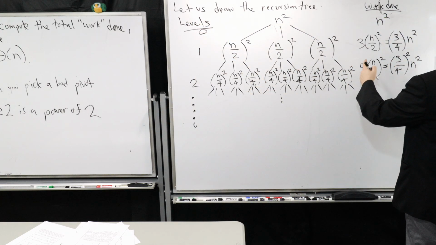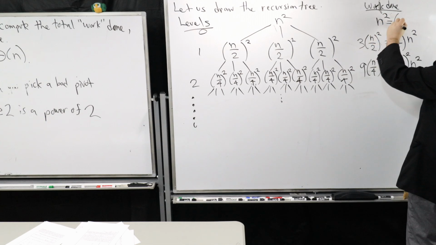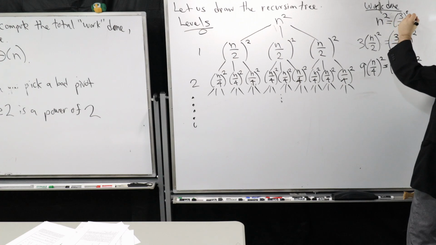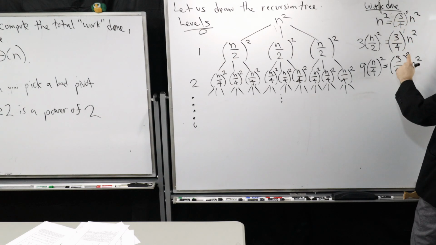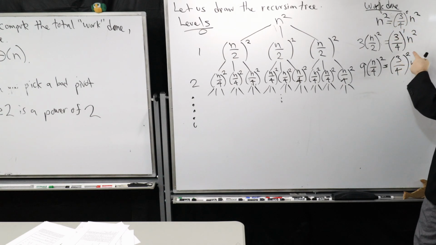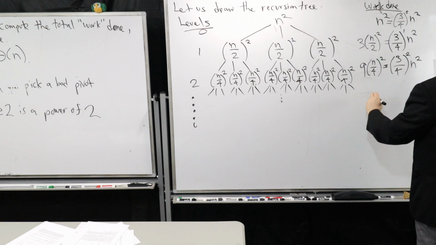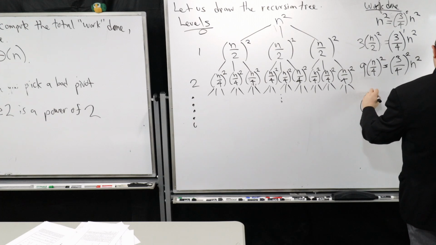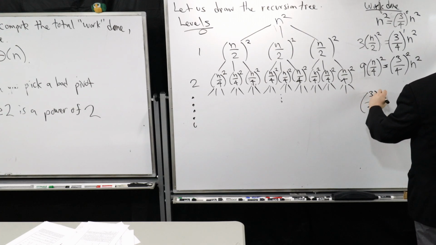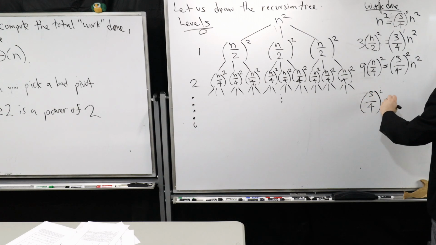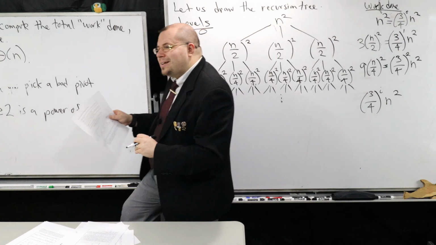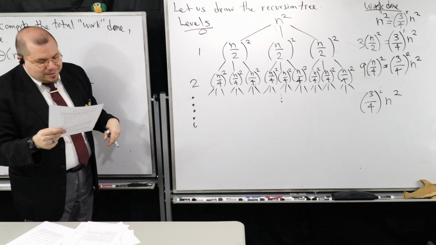So notice that I can rewrite this as 3/4 raised to the power of 0 times n squared. This is 3/4 to the power 1. This is 3/4 squared. For an arbitrary level, my guess is that this is 3/4 raised to the power of i times n squared. That's my guess. So this is the guess I have here.